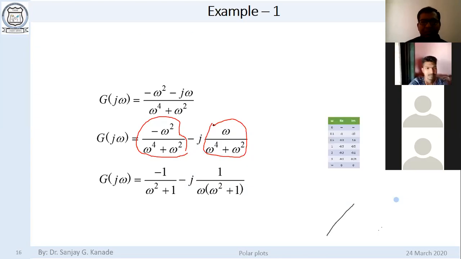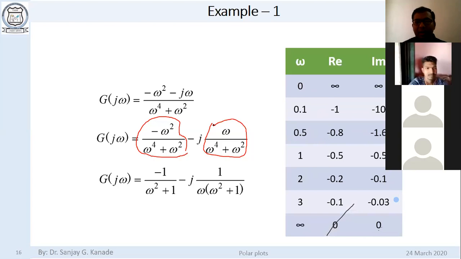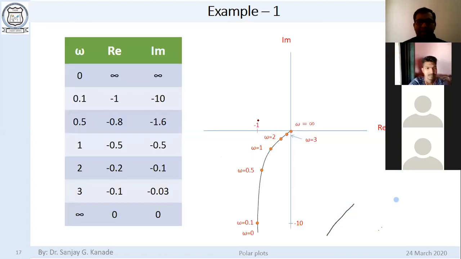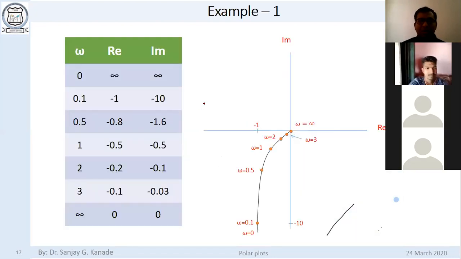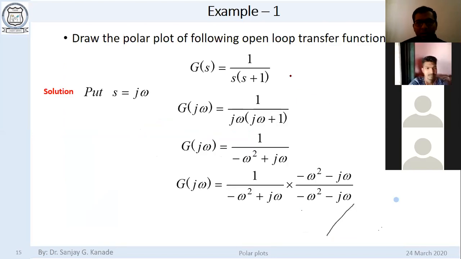Now, just simplification. Again, we calculated some values for omega varying from 0 to infinity. Why have we taken these values? Just to get an idea of the shape, okay? And we plotted it like this. If you recall, a couple of slides before, we saw the case when there are two factors. Here, what are the two factors? One is a first order factor and the other is the integrator.